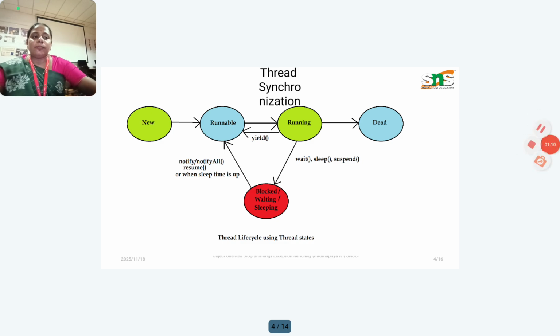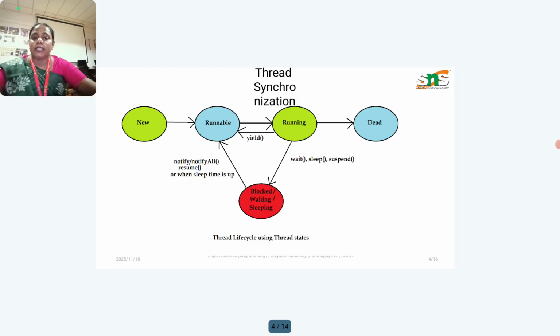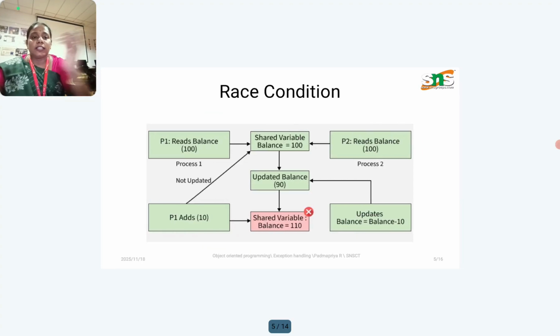While running, if that thread needs any more resources, it should wait for those resources; that is the blocked or waiting or sleeping state. Once the thread has completed its running process, it moves to the next state, terminated.